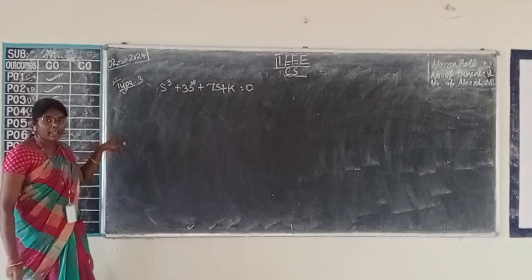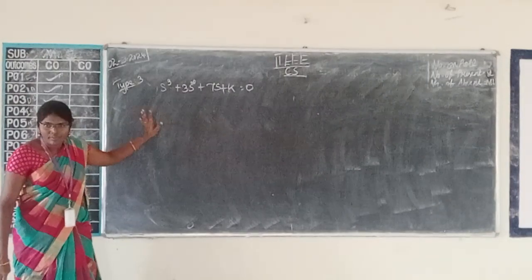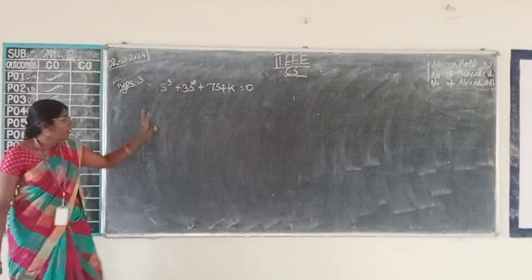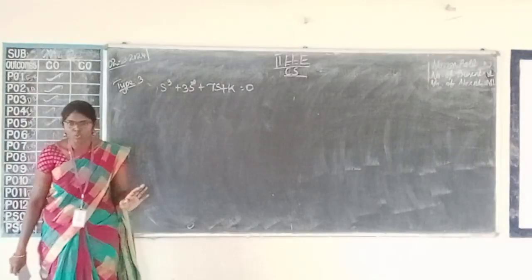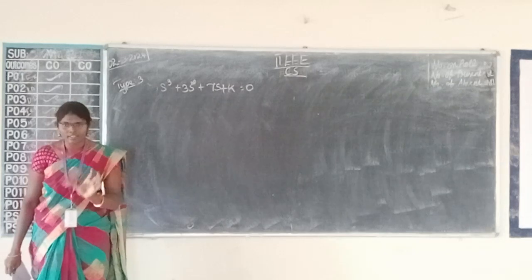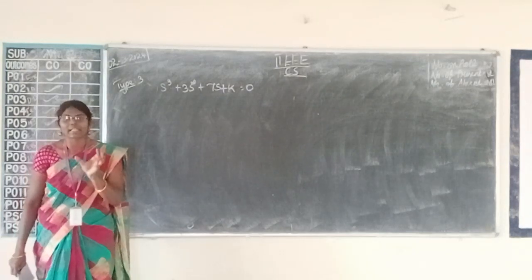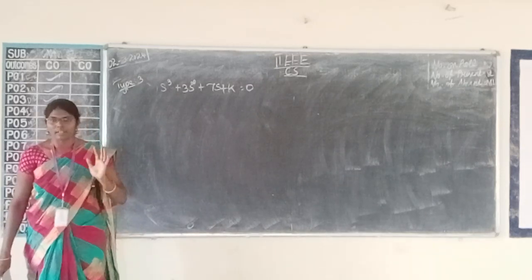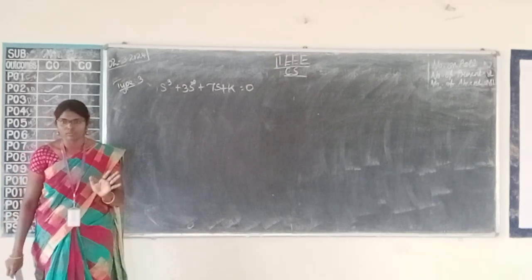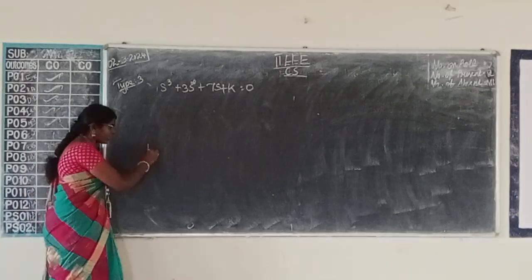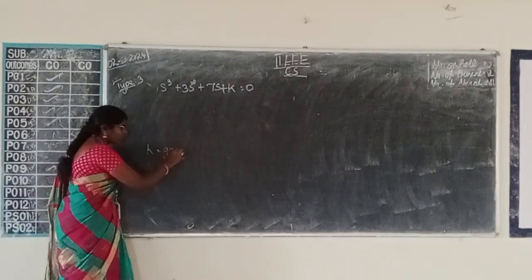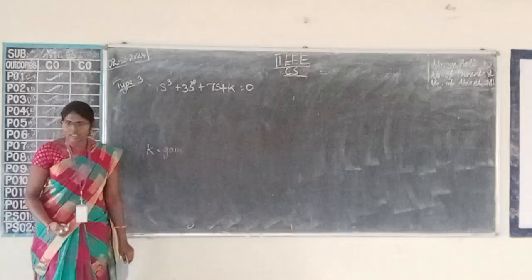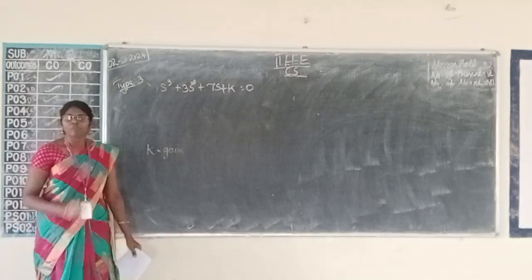In type 3, the characteristic equation is given and you have to determine the stability, but the constants are not known. Practically, a system is in your hand and its gain is not known. K is the gain. What the gain of that particular system is, is not known to you.